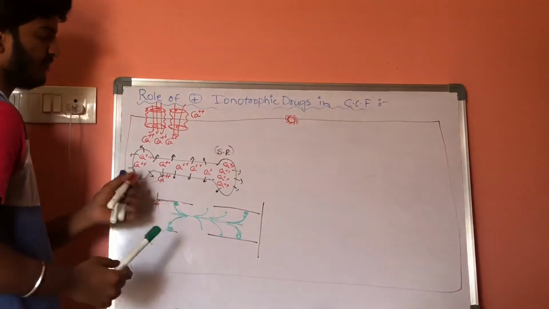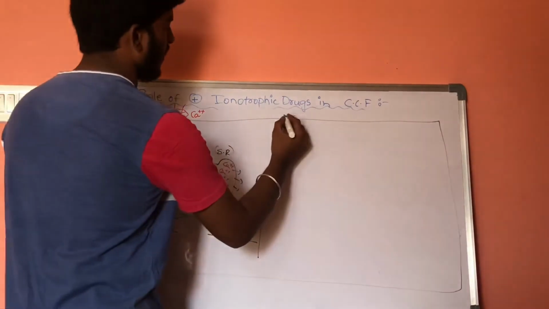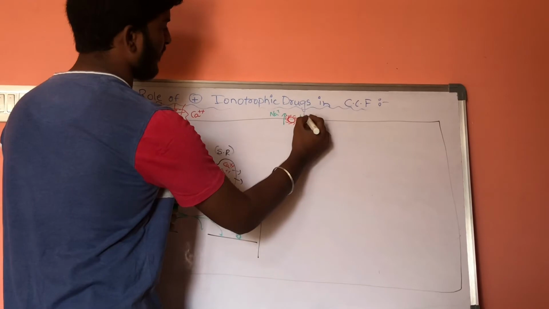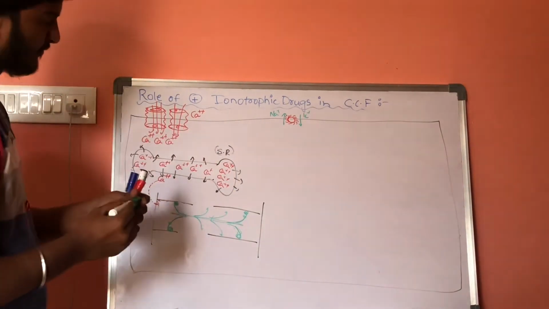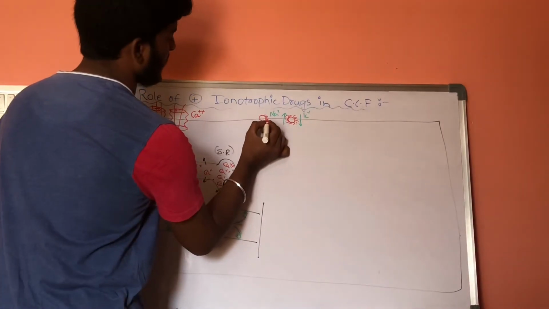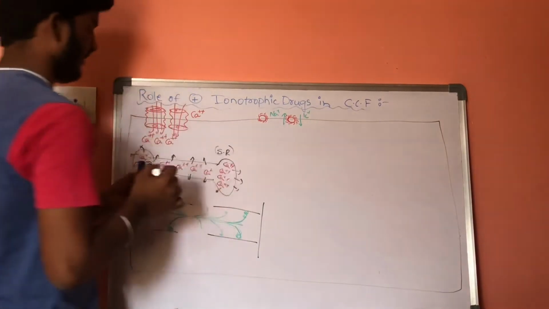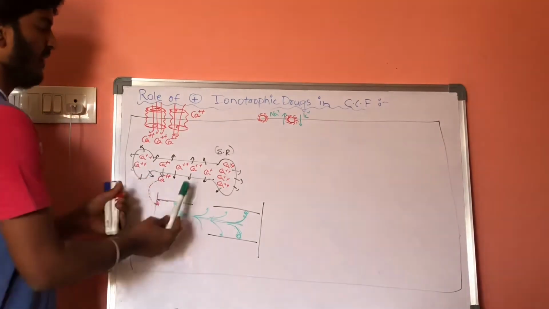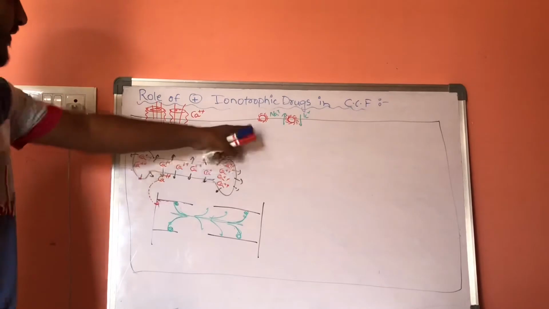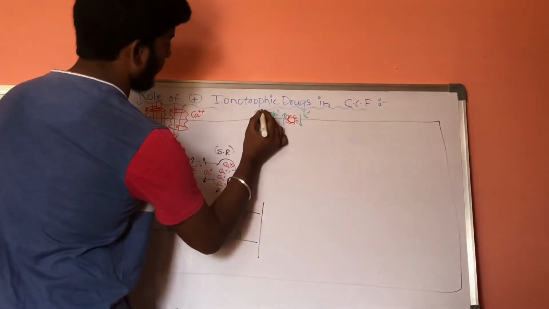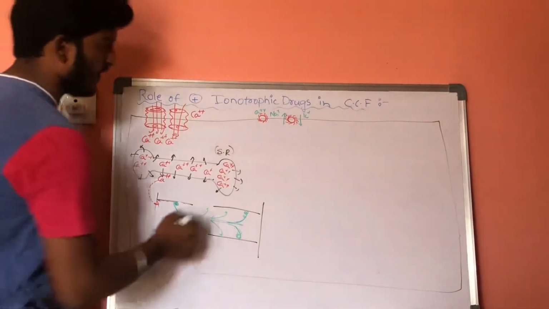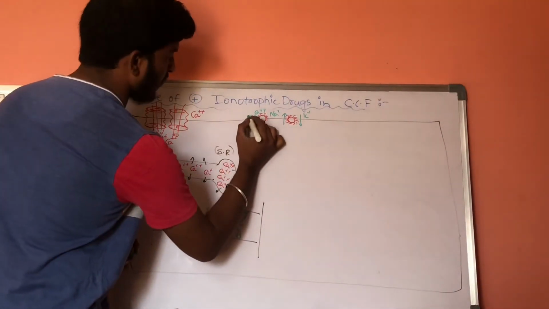It is involved in efflux of sodium and influx of potassium, and there is another transporter, the sodium calcium transporter. After the contraction there should be relaxation, that is, calcium will be moving outside through this calcium transporter.